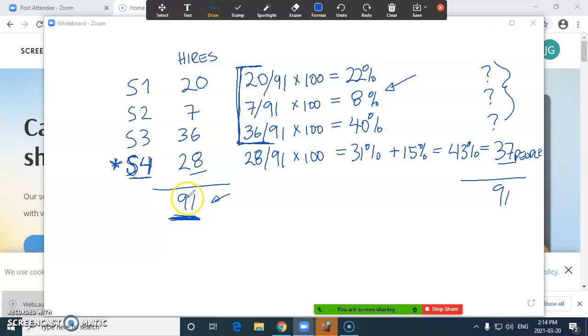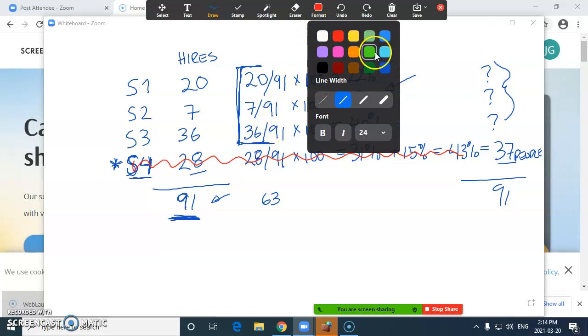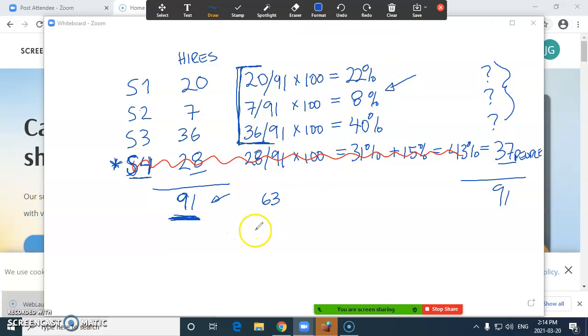If we take the 28 off of the 91, we come up with 63. So we're eliminating source 4, and we've got 63. We're pretending here at the moment that source 4 isn't in the equation. So we've got 63. That's the number we hired.